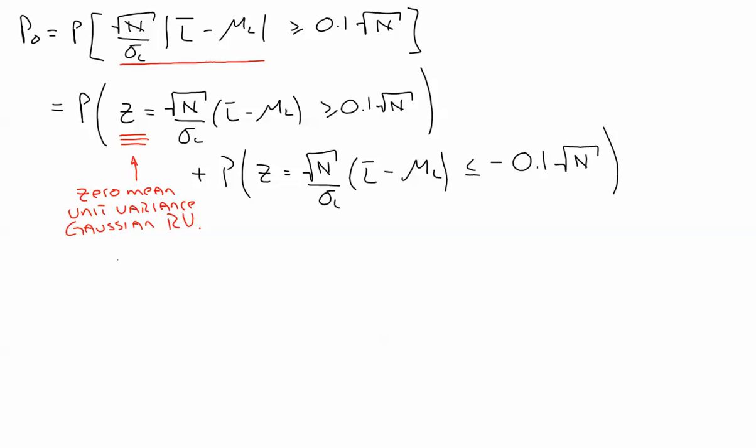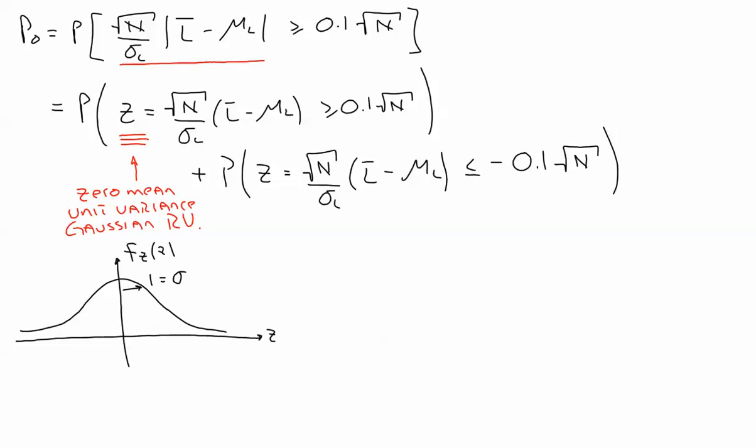In particular, the PDF looks something like that. The standard deviation for Z is 1. All right. So you'll remember that this first probability right there is the integral over the upper tail.